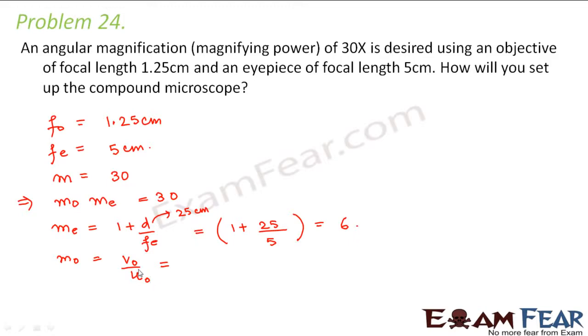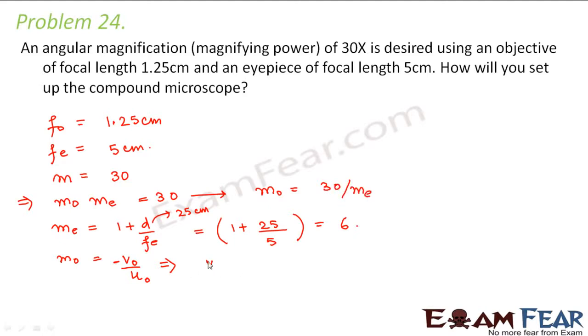Now what is VO in this case? It is minus VO by UO. So what is this magnification of the objective? From this we can say that the magnification of the objective is equal to 30 divided by the magnification of the eyepiece.